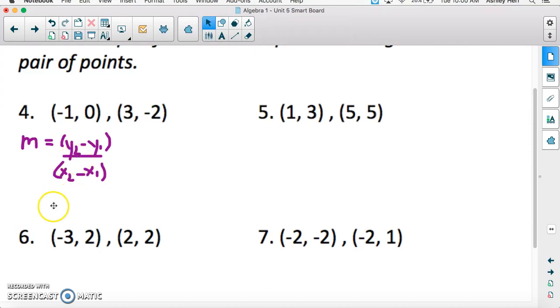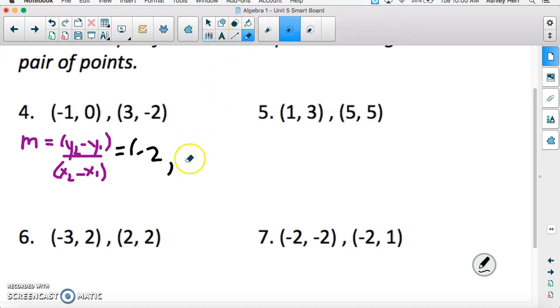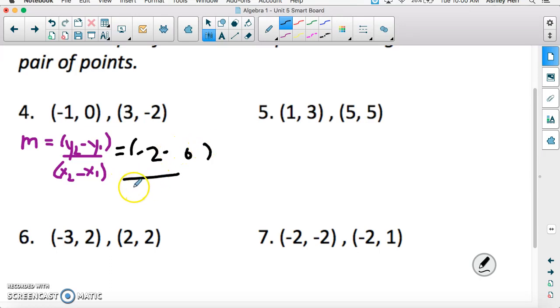Okay, so for this problem, my y2 is going to be -2, and my y1 is going to be 0, over my x variable, which is going to be 3 plus 1, because 3 minus -1 is plus 1, right?